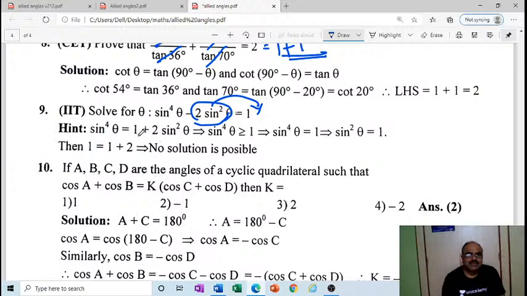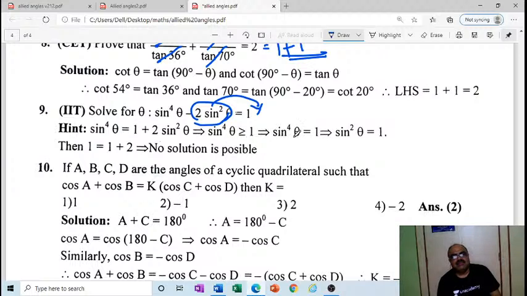To the right, it becomes 1 plus 2 sine square theta. Sine power 4 theta is 1 plus 2 sine square theta. So sine power 4 theta is greater than or equal to 1. Why greater than or equal to 1? Because another additional value you are adding it here.